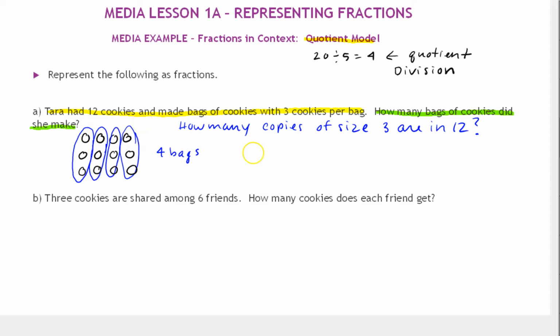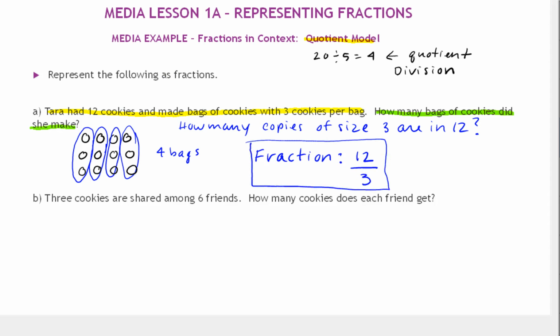So to write it as a fraction, okay, we would be writing 12 divided by 3. Okay, so I'm going to put this in a box. The question itself asked how many bags of cookies, but our main goal is up here to represent the following as fractions.